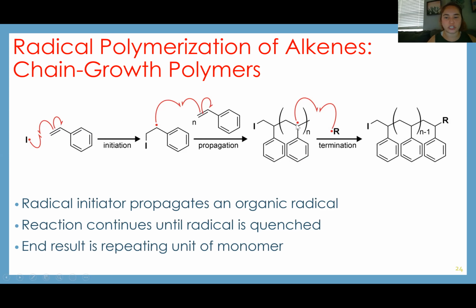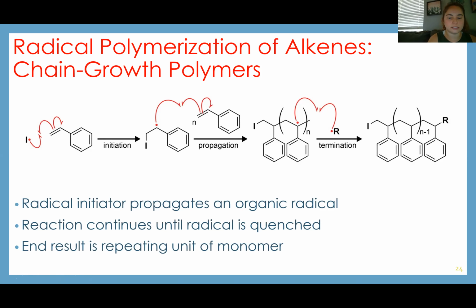So maybe two chains with a radical on them end up finding each other, and that terminates the radical, or another halogen reacts or something, which is unlikely because there's not usually a lot of halogen present. Usually what happens is you end up creating multiple long polymer chains, then two chains terminate each other.